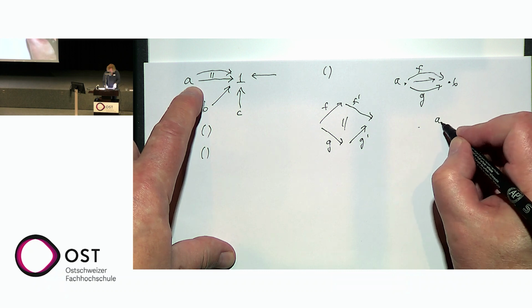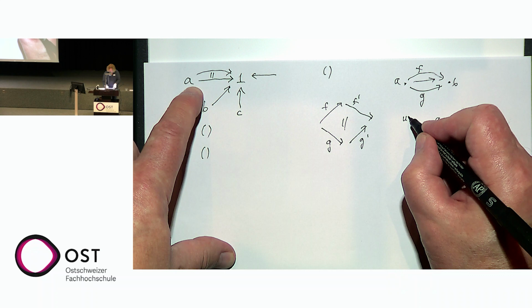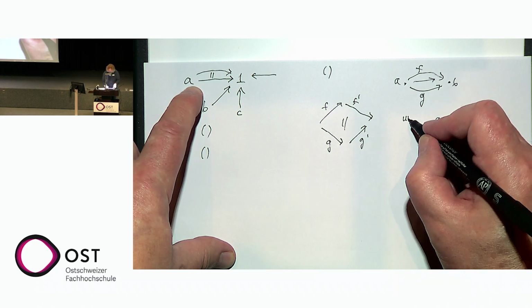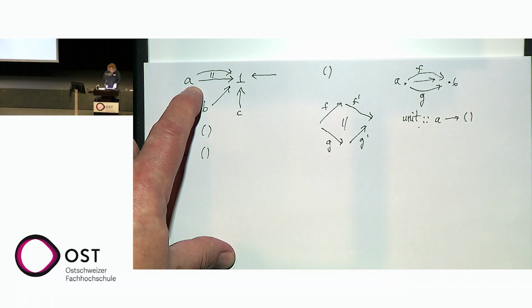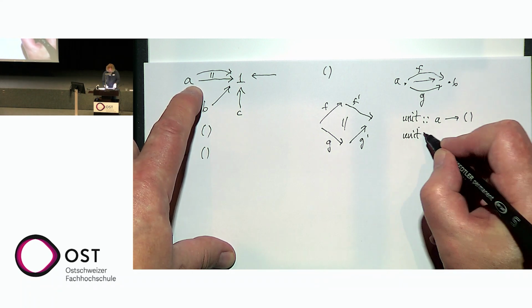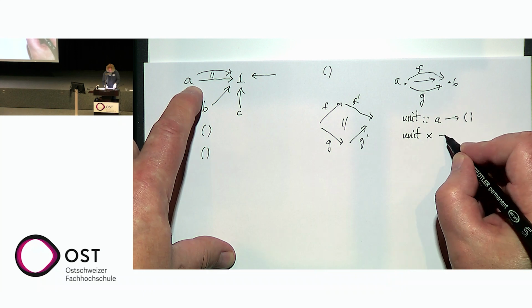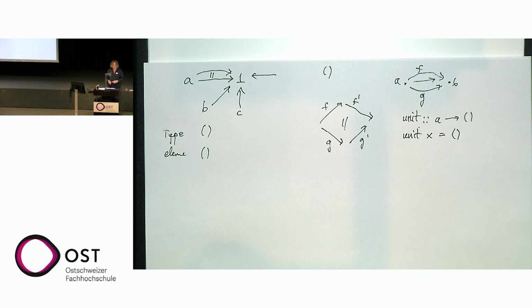It has to go from A to unit, right? We'll call it unit. I think it's actually defined in the library. Unit of x equals an empty tuple, because the unit type has only one element and it's always available.